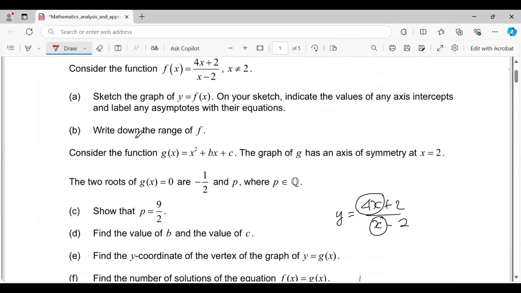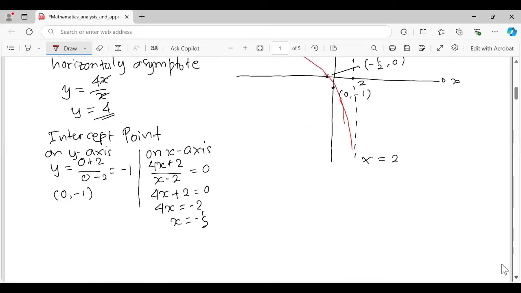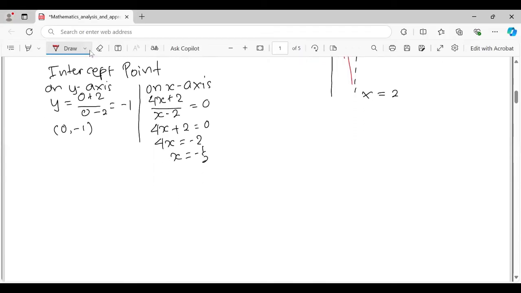B. Write down the range of f. Range of f.